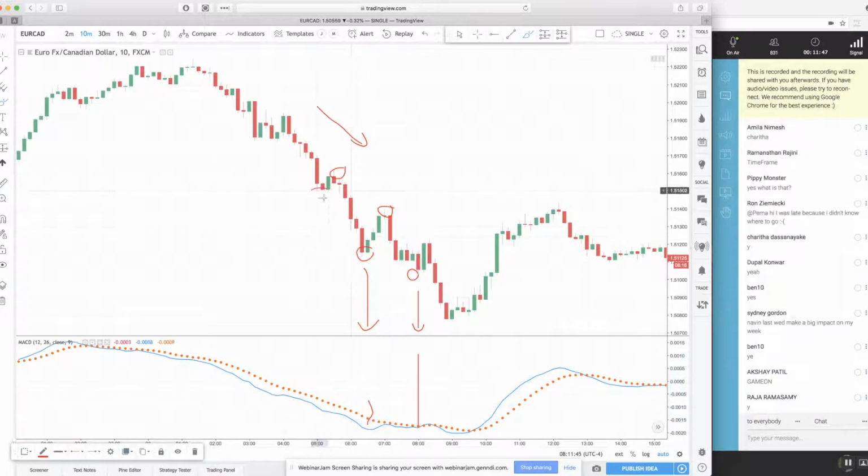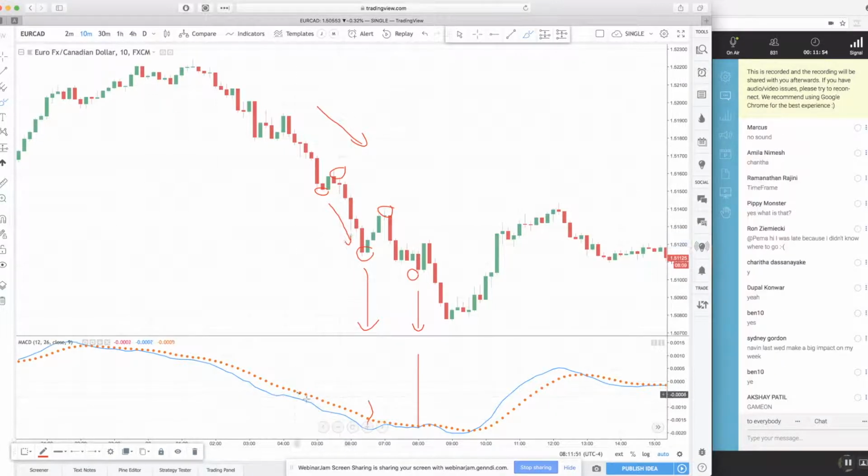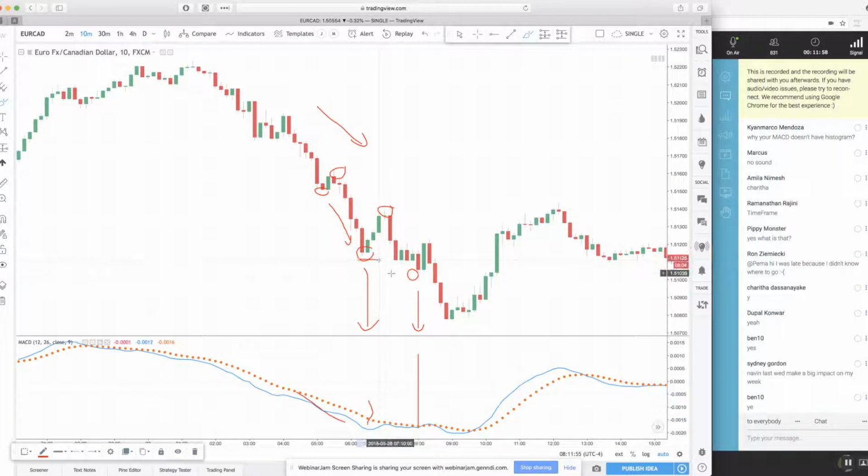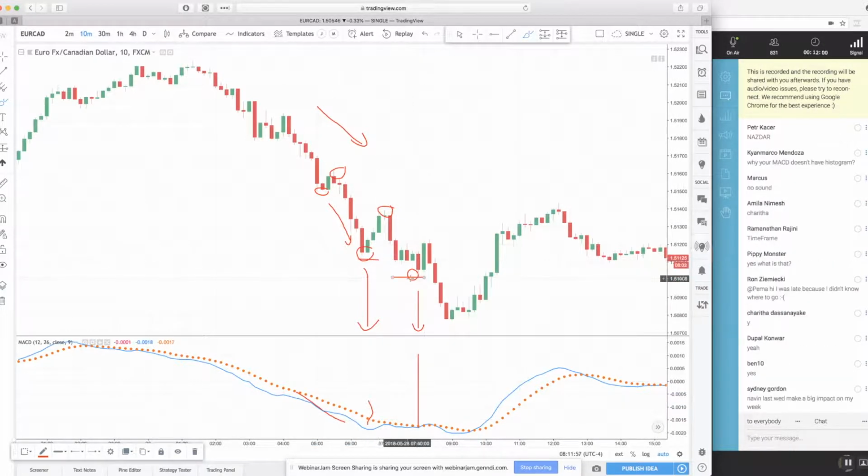From this low to the next low, the market went down, the price went lower, but so did the indicator. But from here to here, price went lower, but the indicator did not. That is basically called divergence. It tells you something is wrong.